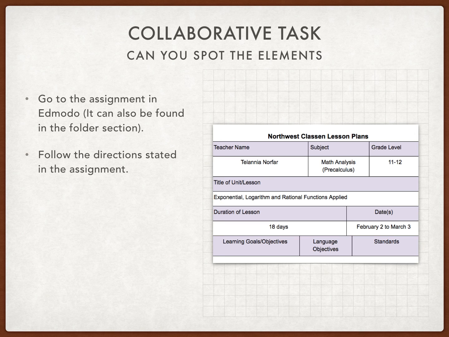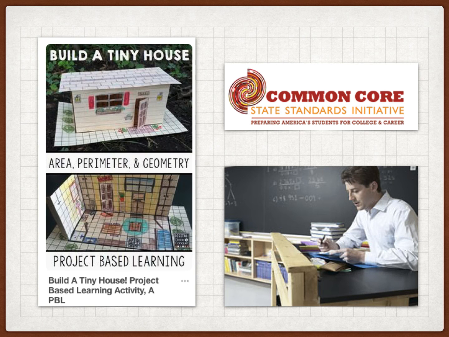But the really simple thing that we're talking about today is a really easy way of designing PBL, and that's literally getting ideas from the world around you. And so as we look to the left where it says build a tiny house, literally you can just go on Pinterest or Google or anywhere and just Google a project idea. But be aware that you're not really taking that and using it verbatim.